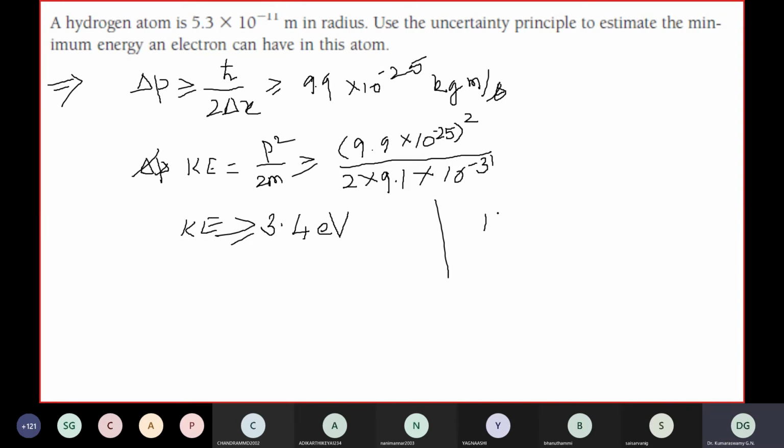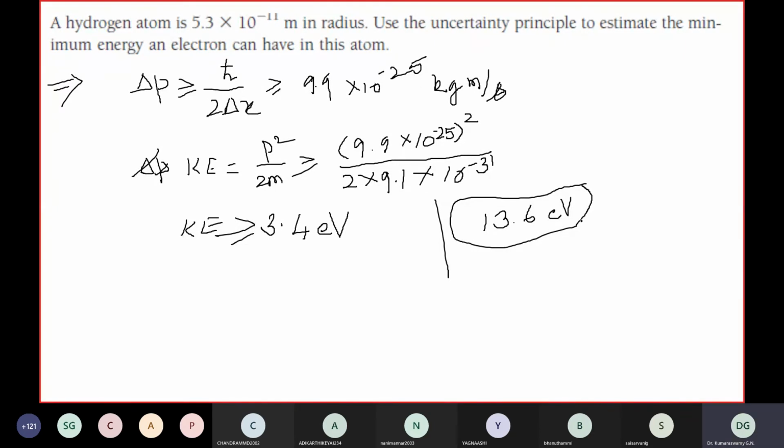So what it does is it puts a lower limit. Lower limit is 3.4 electron volt. Anything more than 3.4 electron volt is acceptable, and what we see in the hydrogen atom lower level is 13.6 electron volt as the kinetic energy, actual energy.